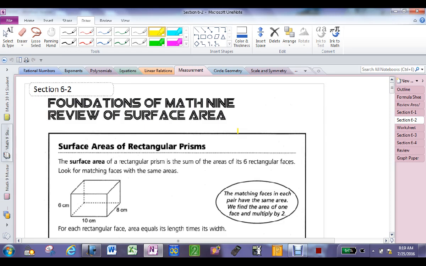Understand? When in real life would surface area be important, do you think? Building a house. Why? You need to know how big the room is going to be. Because that's how you build a house.